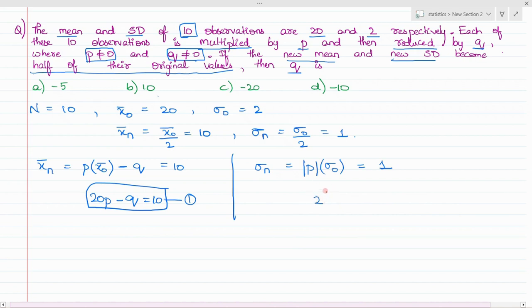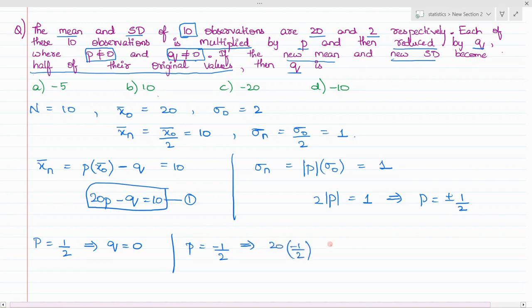So it becomes 2 times of mod p is equal to 1. From here, we'll get p is equal to plus or minus half. So if p is equal to plus half, you will get q as 0. Just now we have seen. And if p is equal to minus half, then from the equation 1, it becomes 20 into minus half minus q is equal to 10.